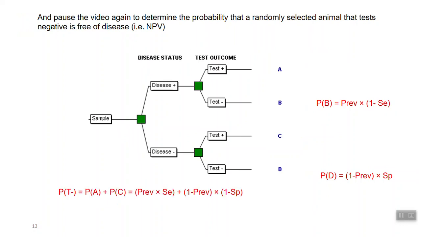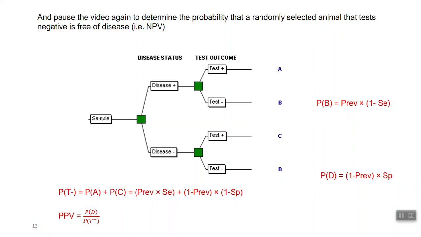Okay, so welcome back, and so you should start with our test negatives. And just as for the positive predictive value, we put the true positives over all the test positives. Here we're going to put the true negatives over the test negatives.